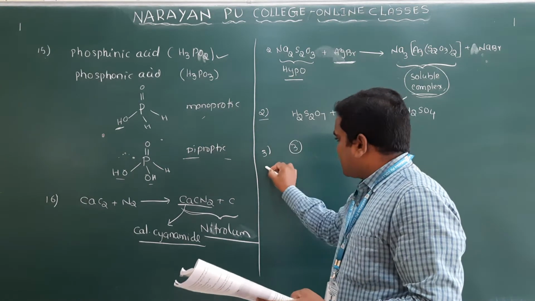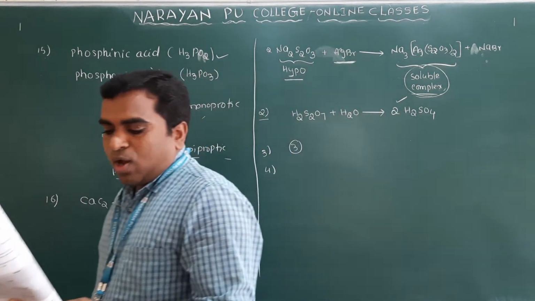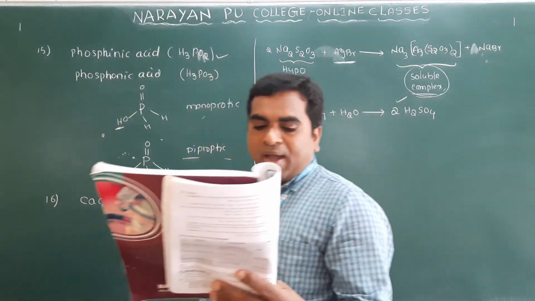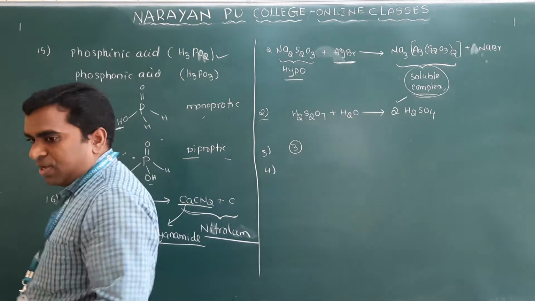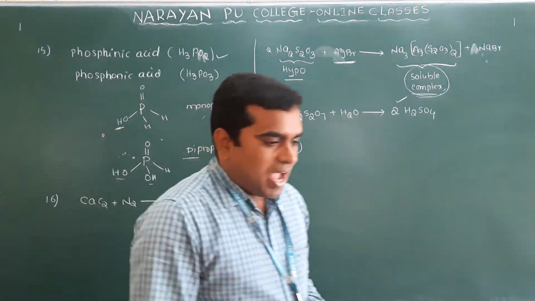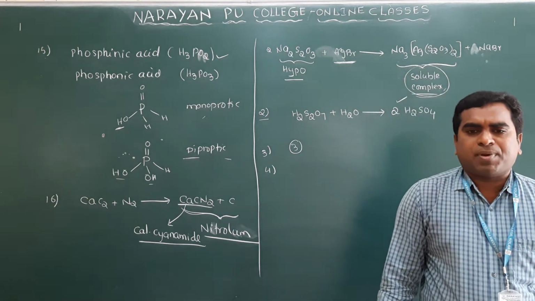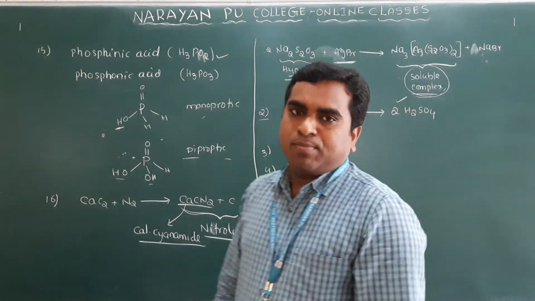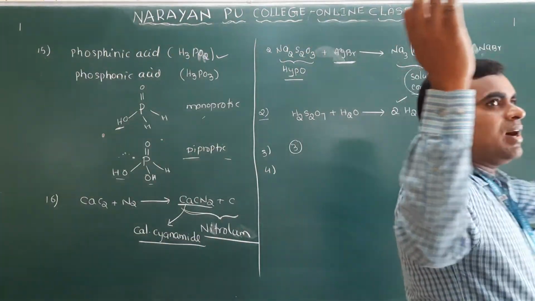Clear? So this is the next question, question 4. It is possible to obtain oxygen from air by fractional distillation because of. I already mentioned that the very commercial method for the preparation of oxygen is from the atmosphere. So they liquefy the air.